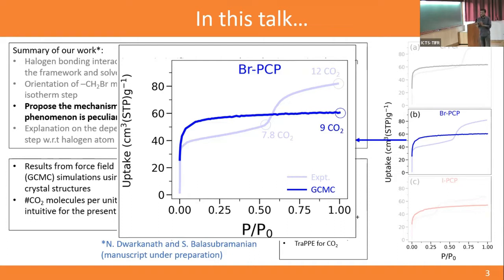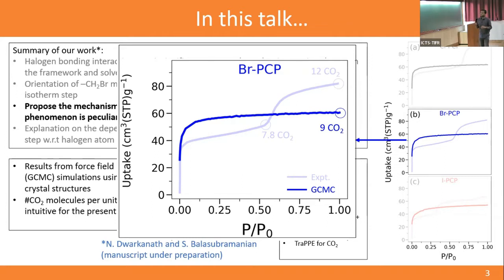In my study, I employ 2 methods. One is grand canonical Monte Carlo simulations, and the other is ab initio molecular dynamics. One more thing to note is that it's more convenient to talk in terms of the number of carbon dioxide molecules adsorbed per unit cell, rather than any other unit.